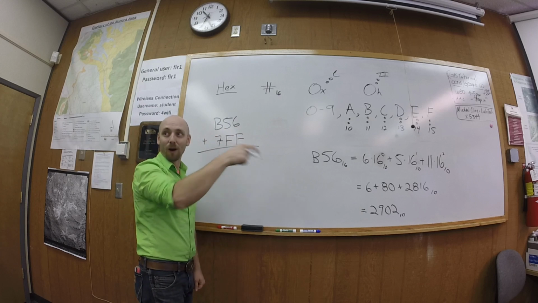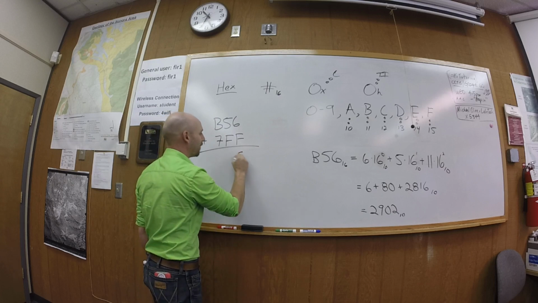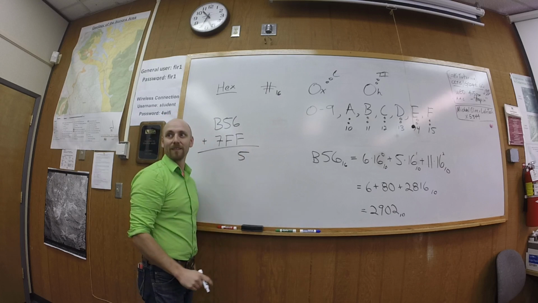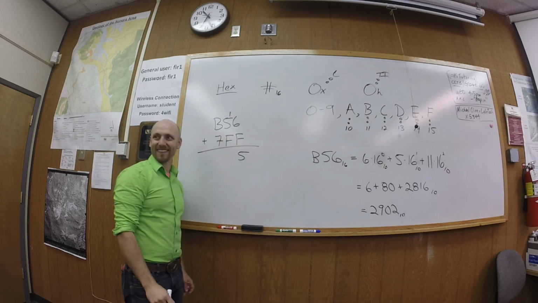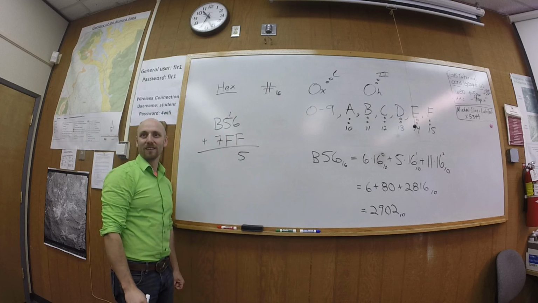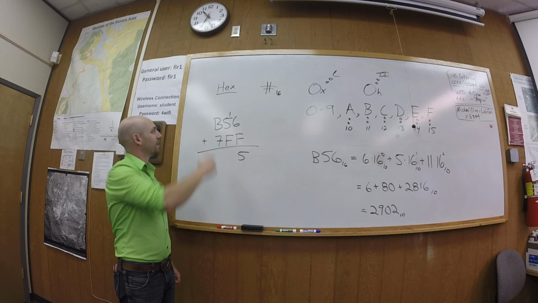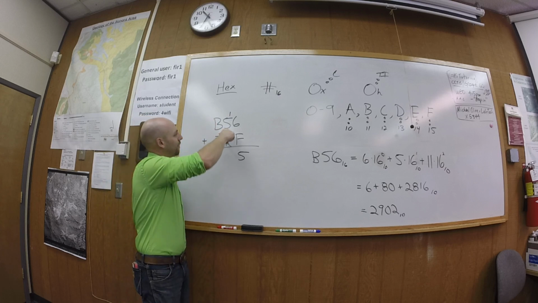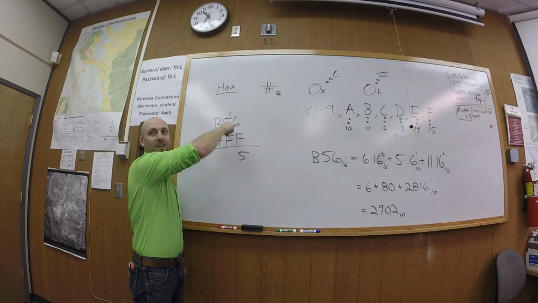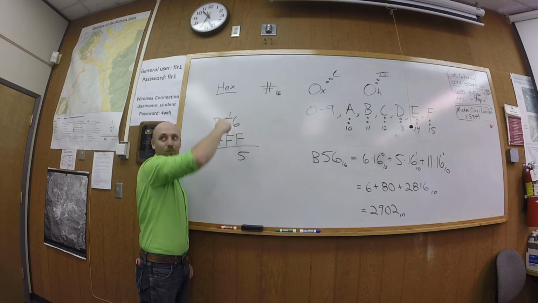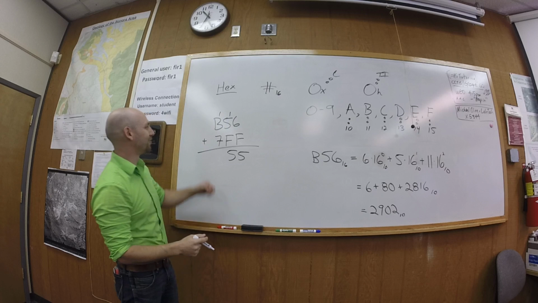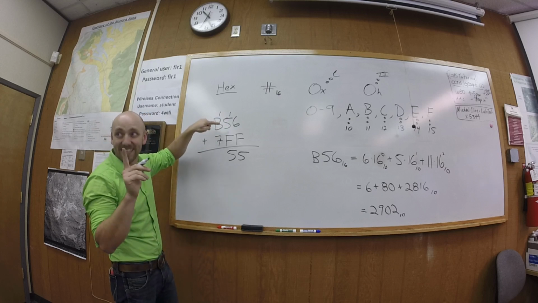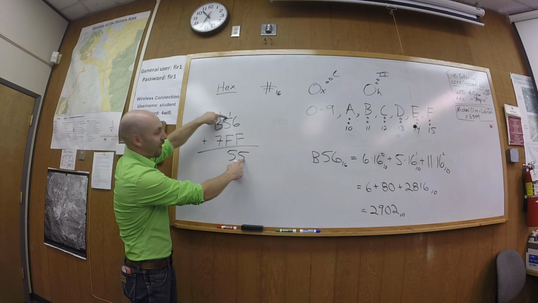You start at F and go up 6 spots, you get to 5, and you carry the 1, right? So 4 with a 1, and 1 more is 5, carry the 1. Oh, that was really dumb. 1 plus 5 is 6, plus F is 5, carry the 1.